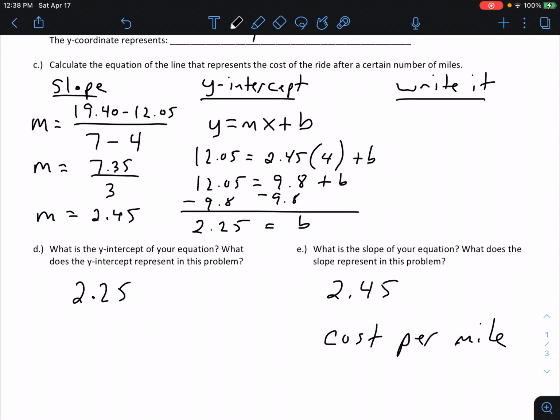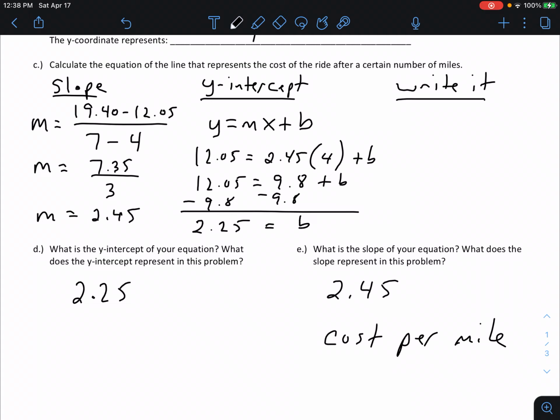Now, this one's a little trickier because we're talking about money. But remember, the y-intercept is always what happens at the very beginning. So what this means is that when you shut the door on the Uber, before the car even moves an inch, it costs you $2.25.